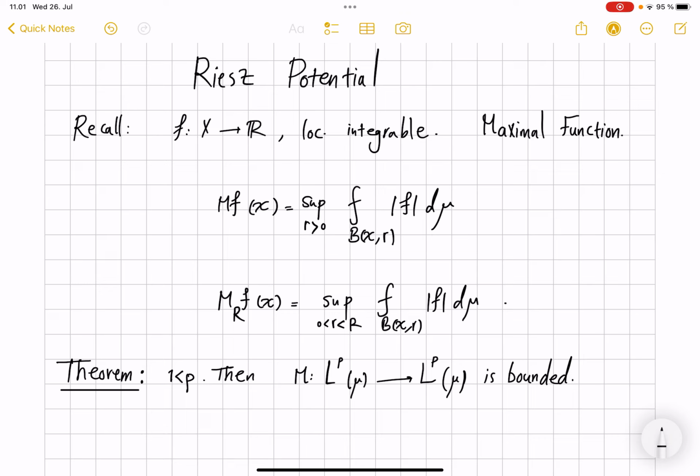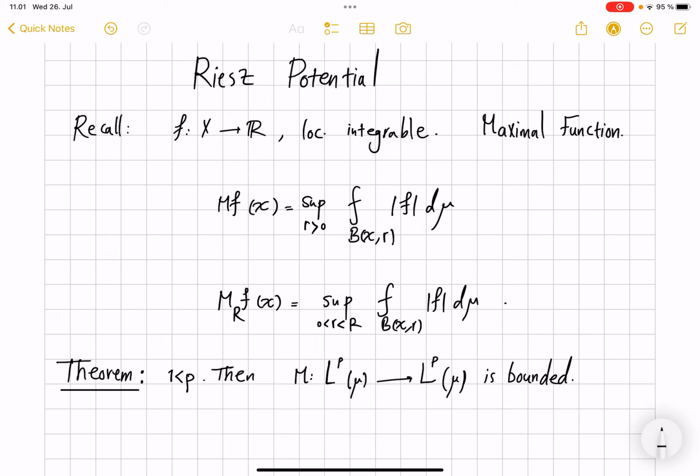In order to do that, we needed to familiarize ourselves with some very commonly known tools from analysis. The first such tool we introduced was the maximal function, and then we discussed how it gives a proof of the Lebesgue differentiation theorem.